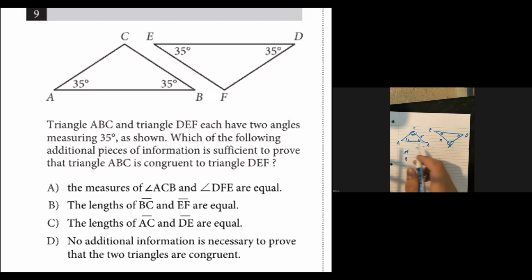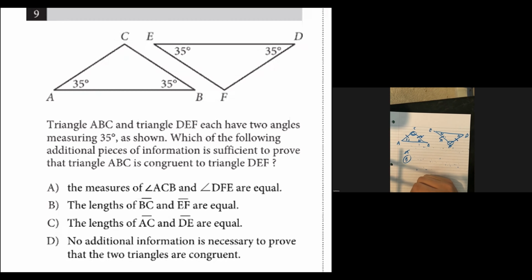Actually, I don't really need to, because this is an isosceles triangle where two of the angles are the exact same. So for these types of triangles, you don't need to do all that, because you know that this and this are equal, or this and this are also equal. It doesn't matter if it said D and F, or E and F, or C and B, or A and C, because they would always be equal. So that means that B is correct.